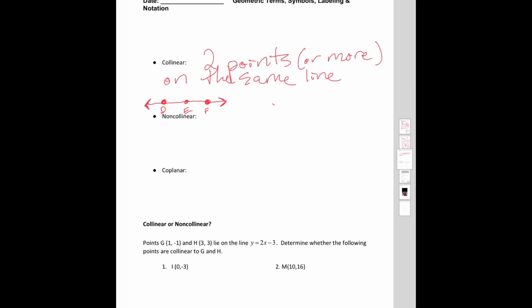Something that wouldn't be collinear would be something like this. Say point E was up here, and we had D, E, and F. We would say that D and F are collinear because they are on the same line. E is not collinear. So moving on to non-collinear, I basically just described it: it's points that are not on the same line.